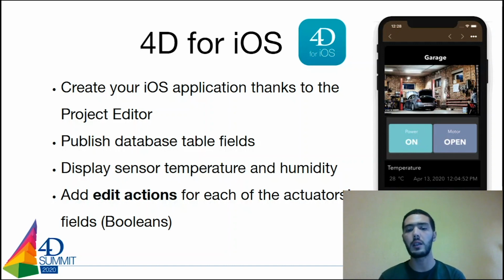By adding these edit actions, 4D for iOS knows that in the case of a boolean it needs to add a simple slider. So as we've seen in the demonstration, to turn a bulb on or off, we simply needed to slide this slider on or off. Most of the functional part of this iOS application was fully done thanks to the 4D for iOS project editor.